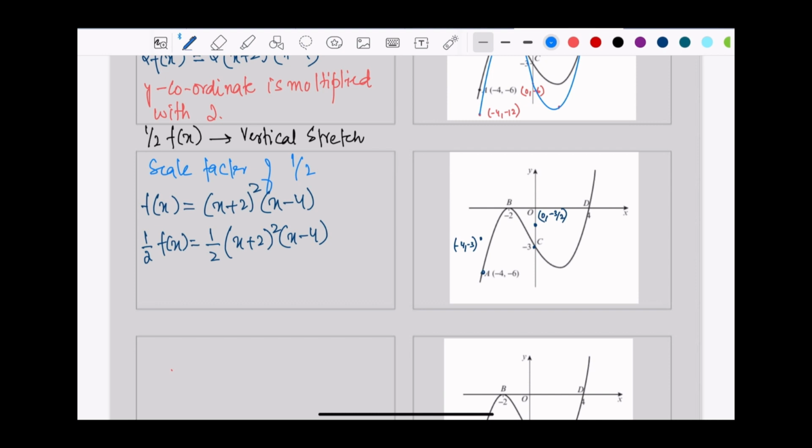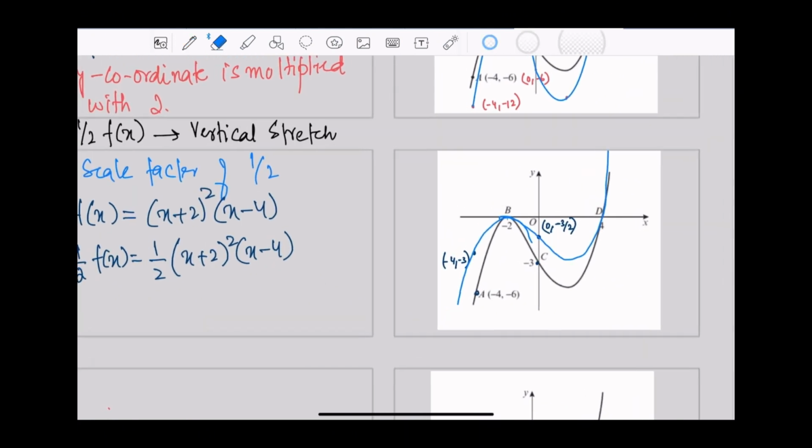So the effect of it will look like this. Something like this.